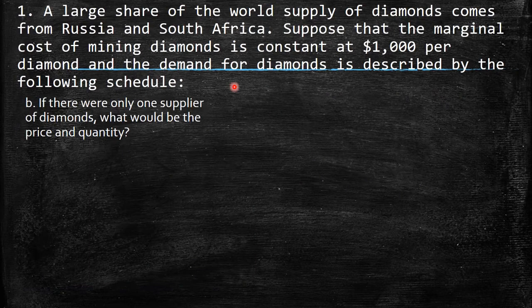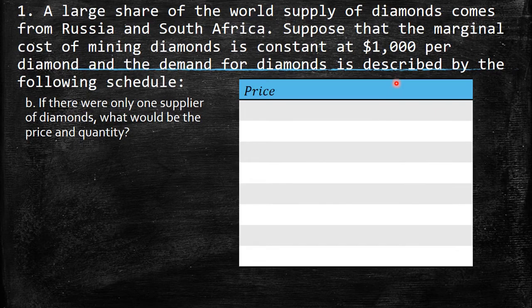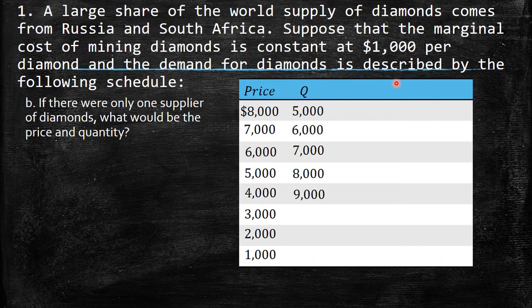Then the next question says, if there were only one supplier of diamonds, what would be the price and quantity? In order to understand this better, we're going to build a table. Here we have the schedule presented by the book. We can add new columns to better understand the decision of this company.